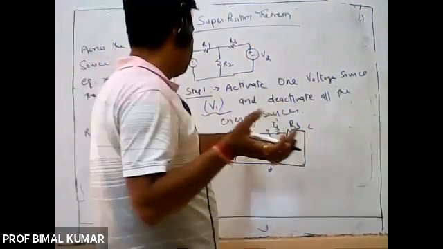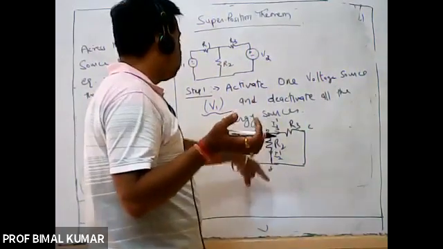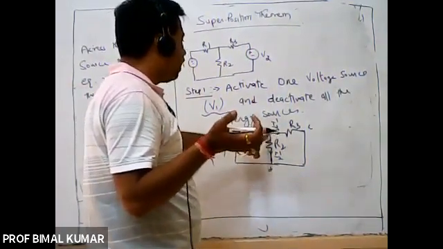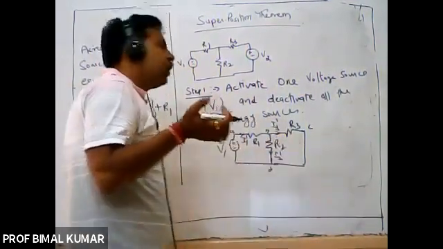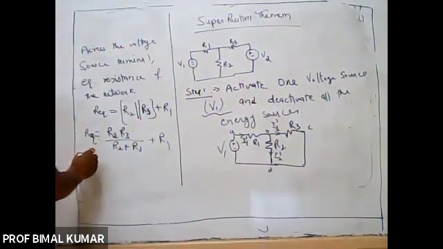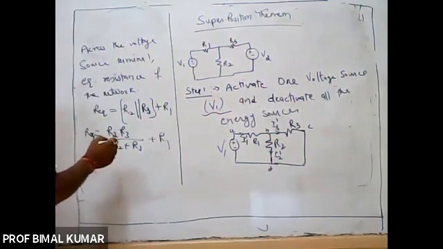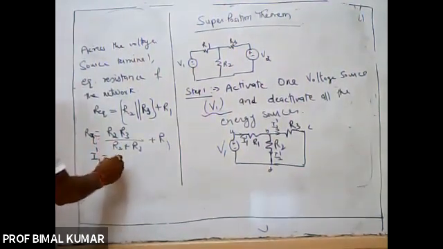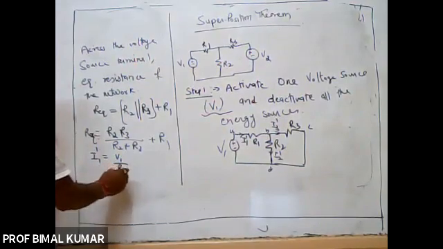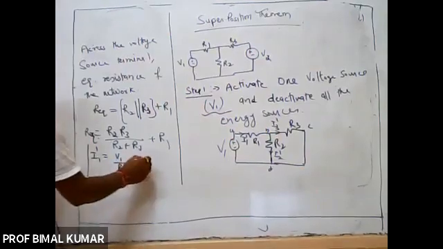With its direction, I1 dash is from A to B, I2 dash is from B to D and I3 dash is from B to C. Right. So here I1 dash may be calculated as V1 upon R equivalent, right? And here direction will be from A to B.